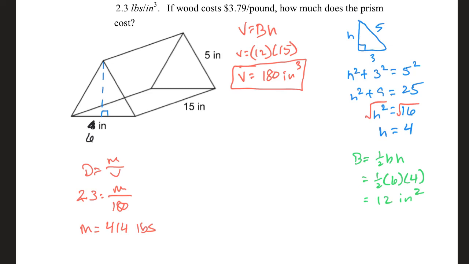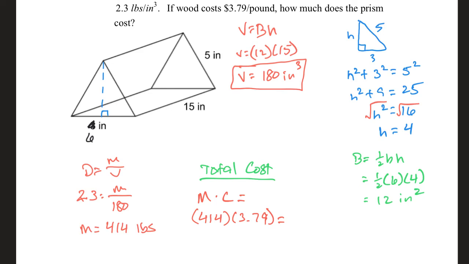Now, in order to get the cost of the entire prism, so total cost, all we got to do is take the mass and multiply it by how much it is per pound, which is 414 times $3.79.